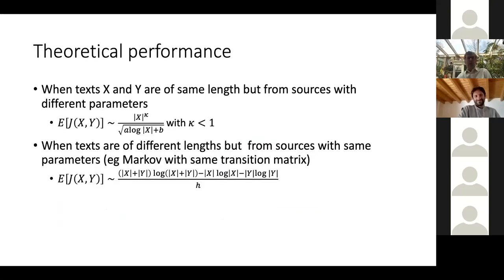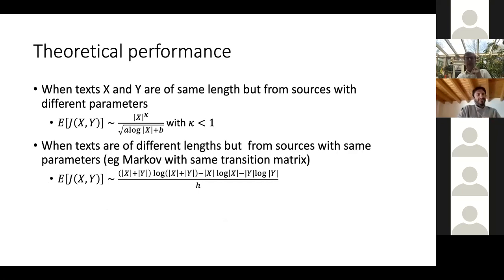The theoretical performance of joint complexity with a Markovian model. Basically, the joint complexity of two texts of the same length is smaller than the length of the text. It has a complicated formula, but basically it is x to the power kappa, and kappa is strictly smaller than 1 when the sources are different.